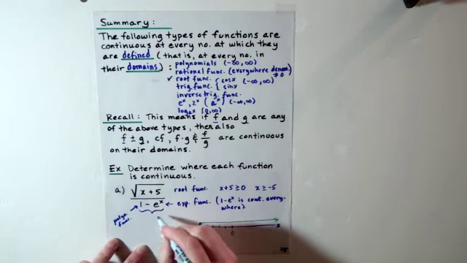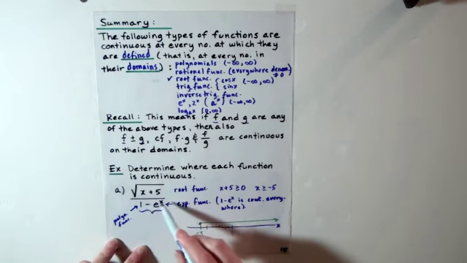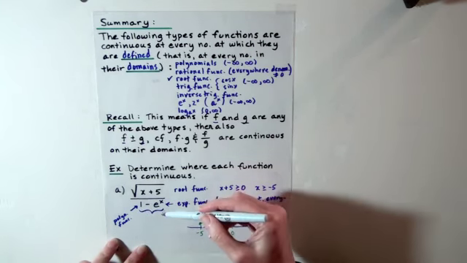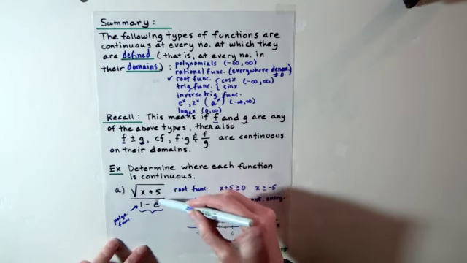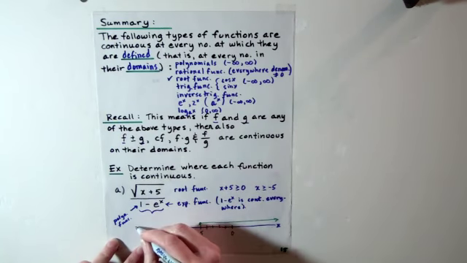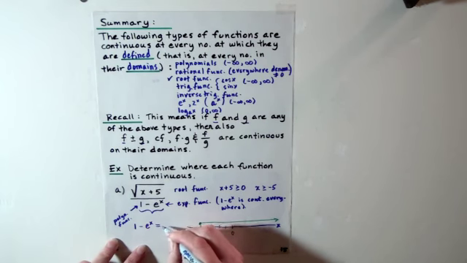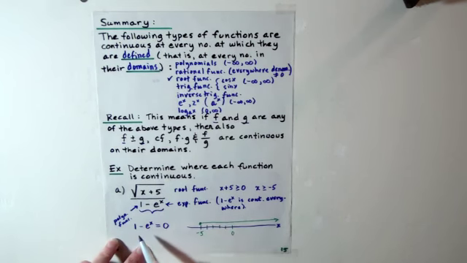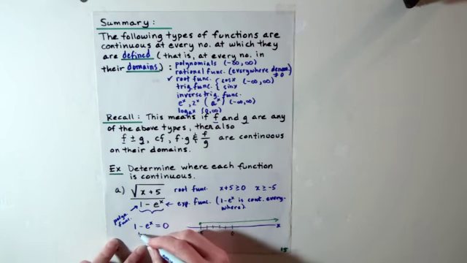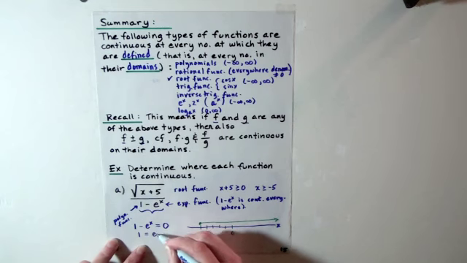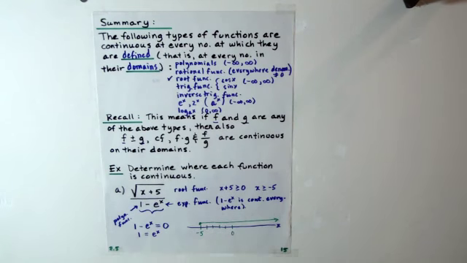So let's think about that for a moment. The denominator is continuous everywhere, but the overall fraction won't be continuous at values of x that make the bottom 0. So we have to also ask the question, are there any values of x that would make the denominator, namely 1 minus e to the x, equal to 0? Well, that would mean 1 would be equal to e to the x. And can you think of a value of x for which e to that value is equal to 1?